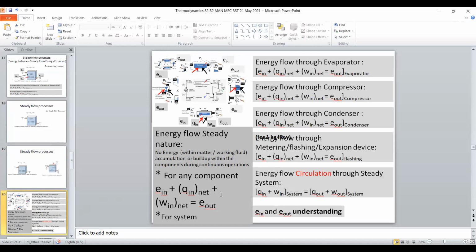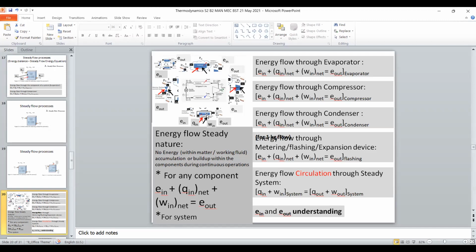So here, energy in for any component level. At any component level, energy in with the fluid, energy entering the component, plus energy received by means of heat transfer, plus energy received by means of work transfer.